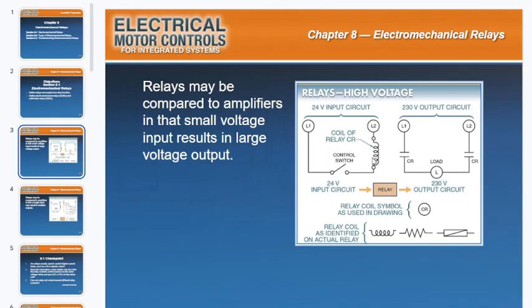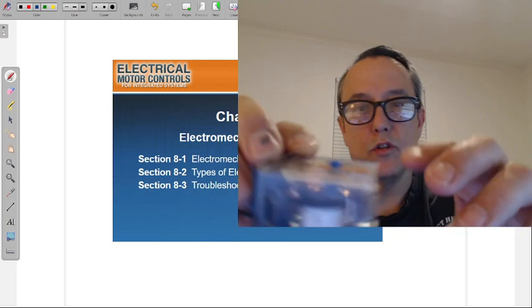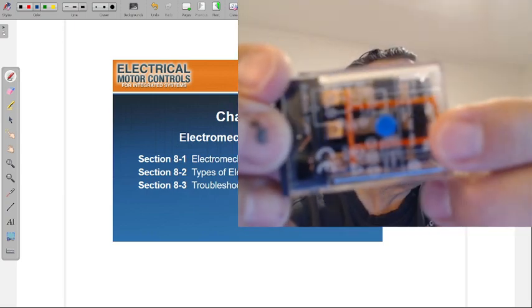All right, that's one way to represent a coil on the circuit side. But as you can see down here, relay coil symbol used in drawing is like we have seen our symbol all the time for a load, which is a circle with a CR on it. There are other ways to, as it says here, relay coil as identified on the actual relay. On the actual relay, meaning on the actual side of the relay here.